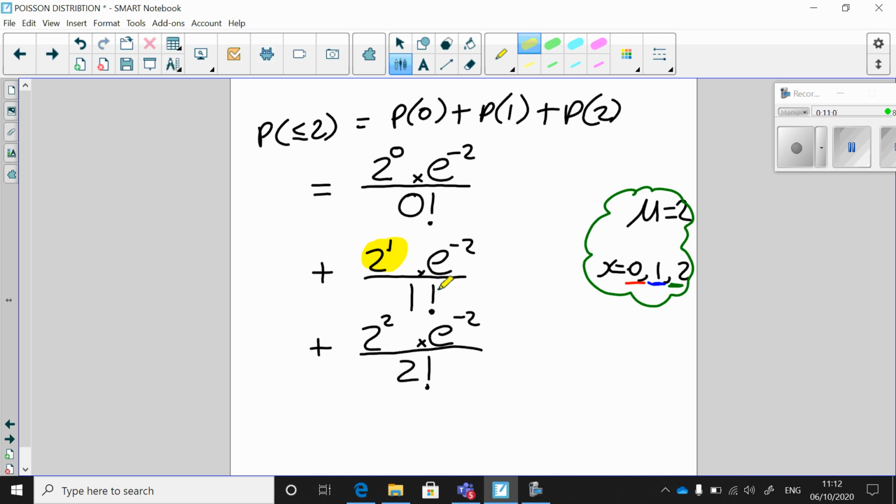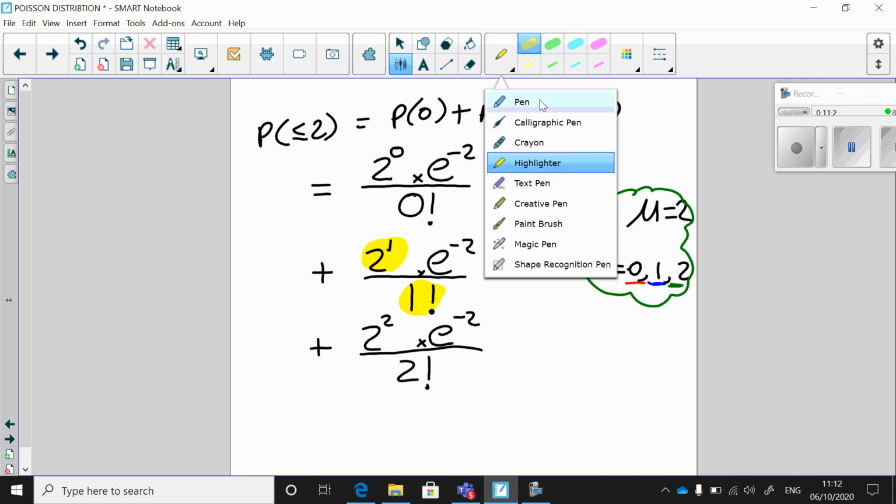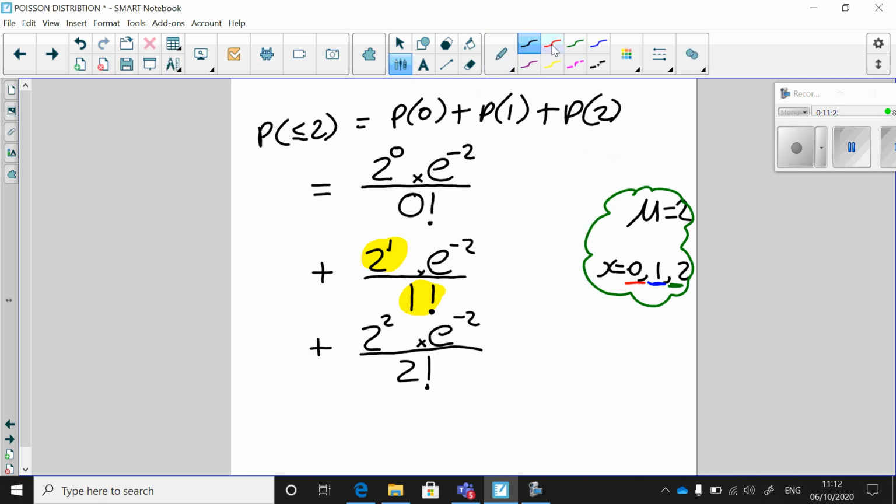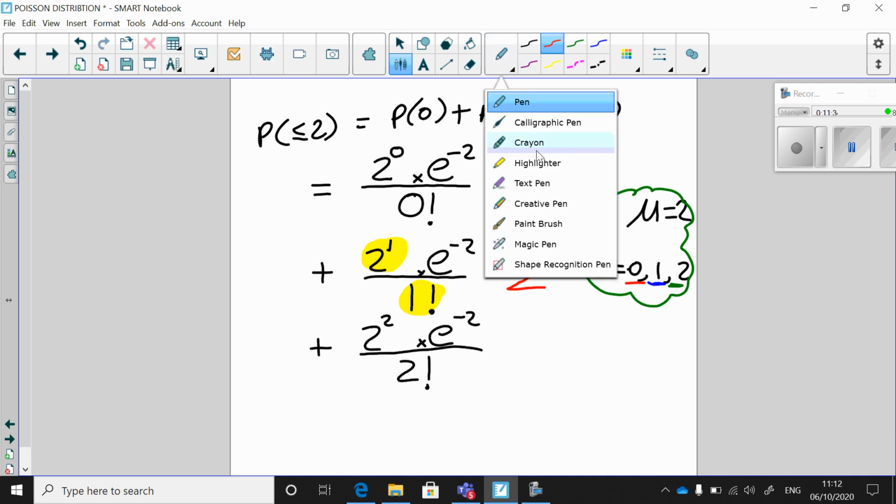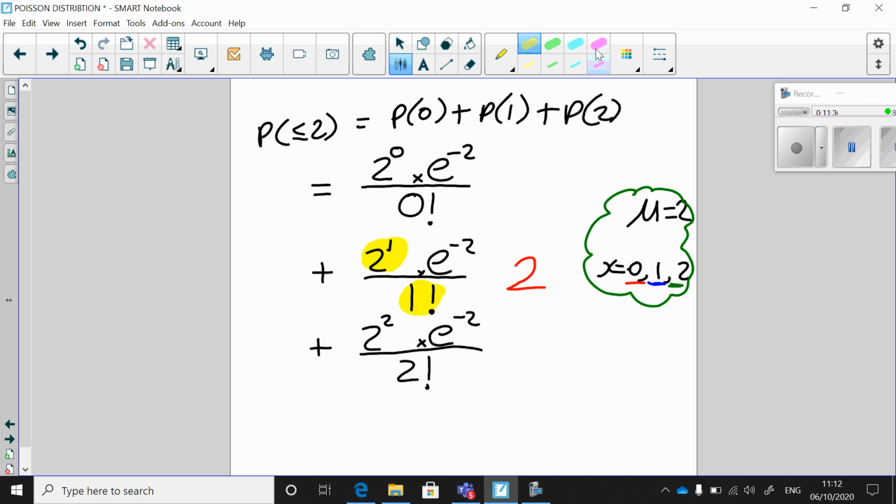That's 2 to the 1 divided by 1 factorial, and 2 to the 1 divided by 1 factorial is actually 2. And the other one, 2 squared. So we're forgetting about the e part here.